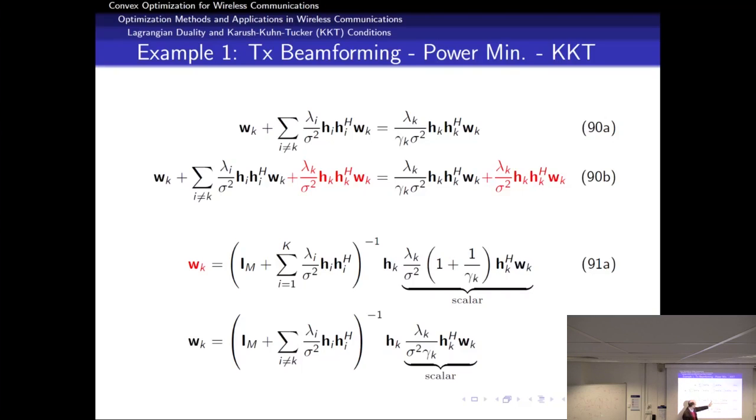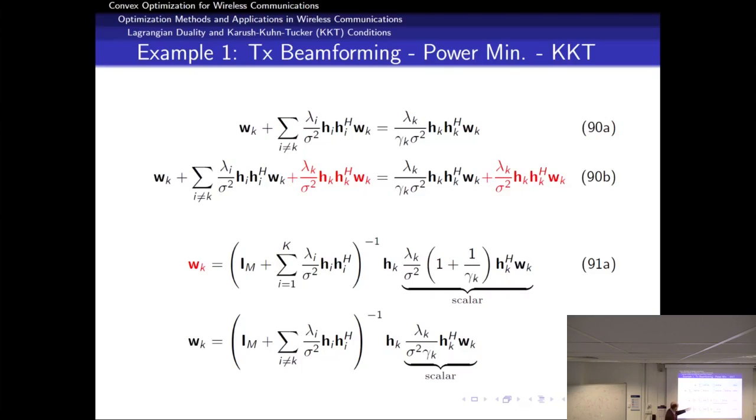I have here my H. So this is a bit like my maximum ratio transmission. And then I have a matrix that performs some kind of rotation. So if this term here is very small, I have only the identity matrix, and my precoder is roughly aligned with HK, multiplied by some scalar, but primarily aligned with HK. So this is like some maximum ratio transmission.